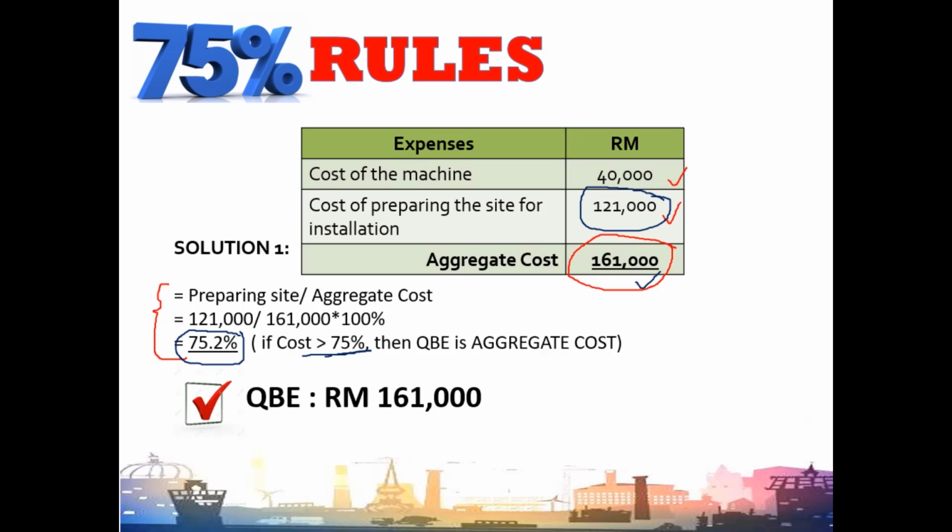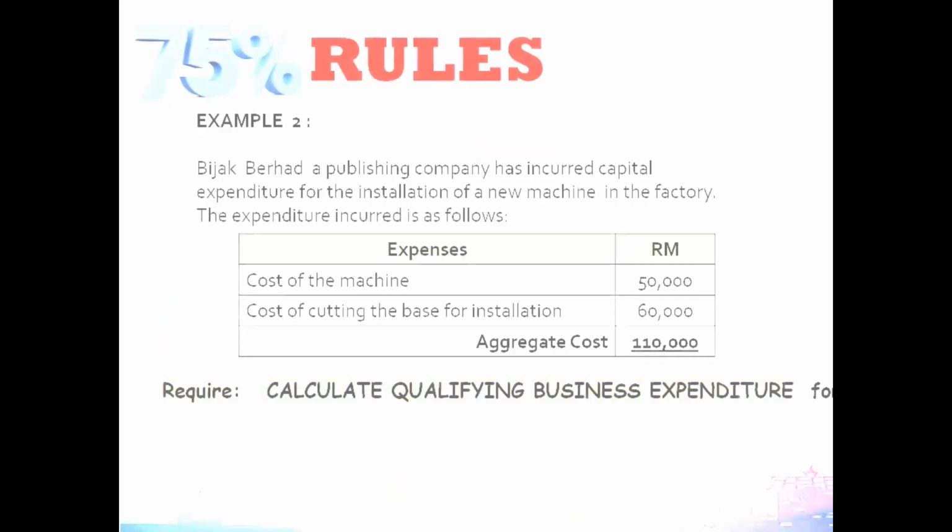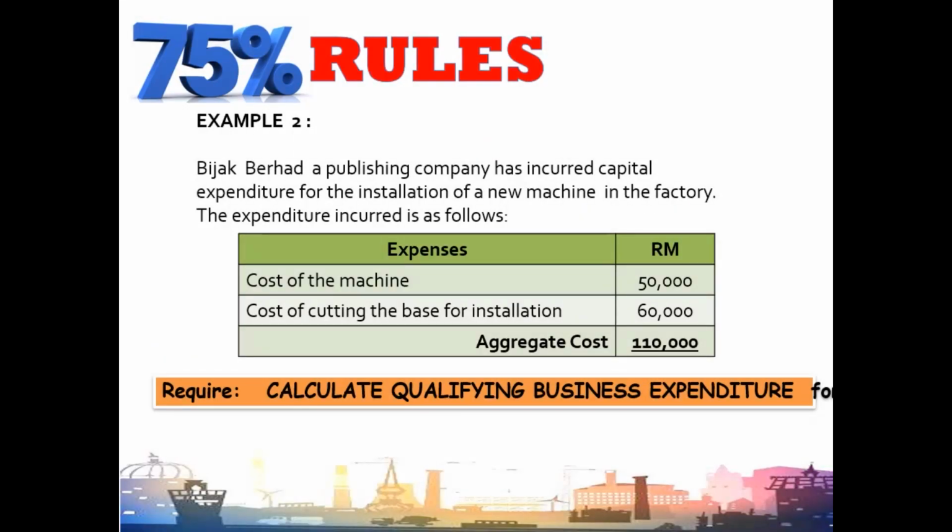Let's have a look at the other example. Example number 2. Bijak Berhad, a publishing company, has incurred capital expenditure for the installation of a new machine in the factory. The expenditure incurred is as follows. The cost of the machine is 50,000.